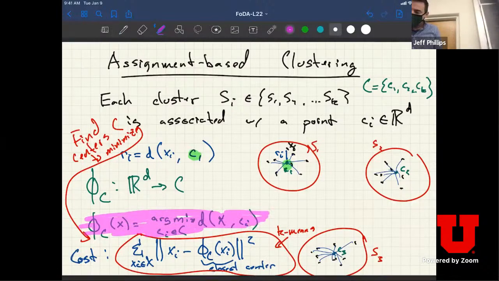We're going to try to understand the geometry of this function. It's a well-studied geometry problem, and I think understanding it will give a lot of intuition on how the algorithm we'll talk about on Tuesday, Lloyd's algorithm, is going to work, and why this problem is challenging.